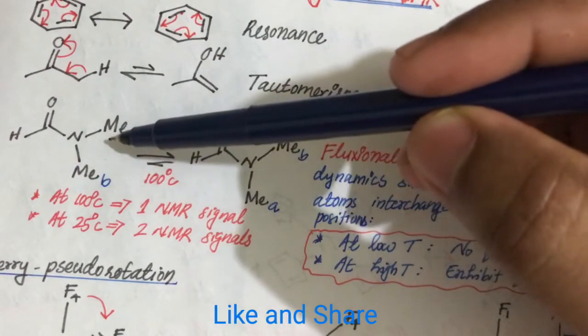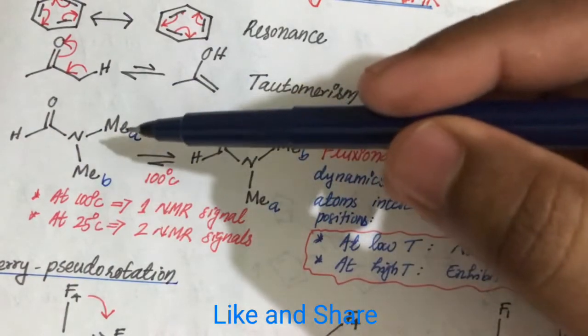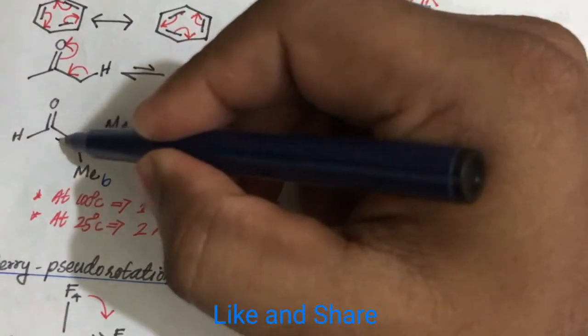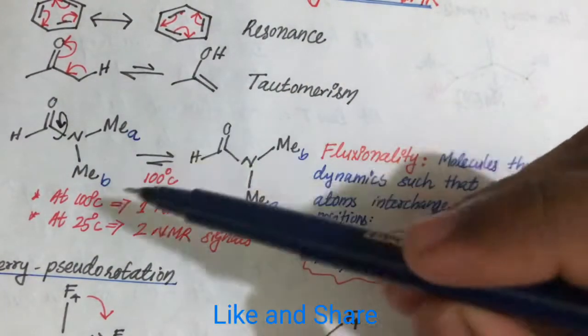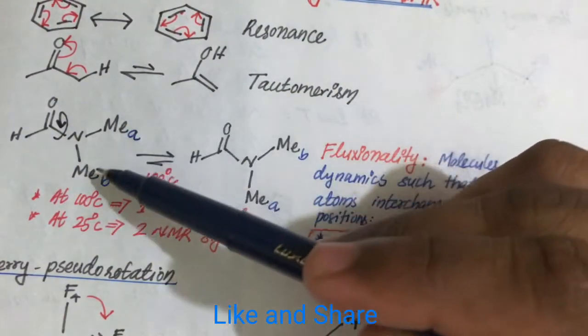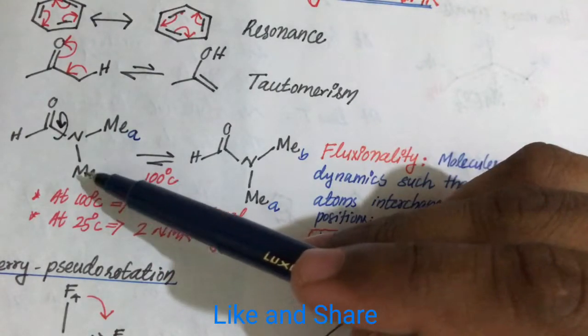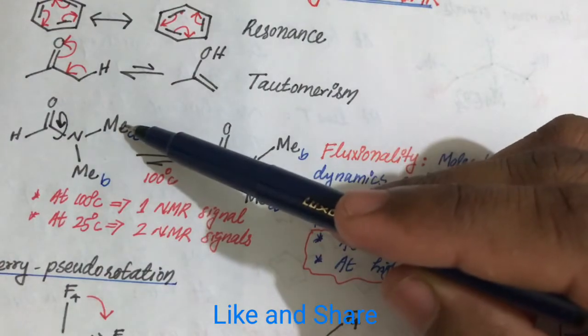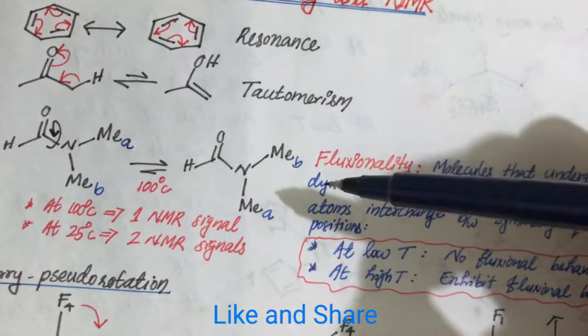At 100 degrees Celsius, it will undergo rapid rotation. That is, this bond can rotate, so you can have this structure. Now this MeB has changed its position to the MeA position and vice versa. This is nothing but fluxional behavior.